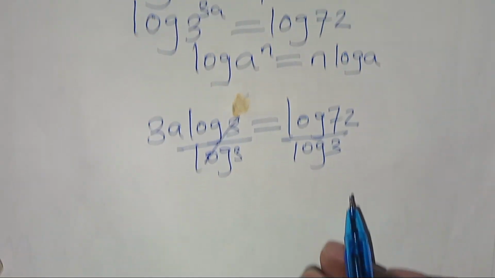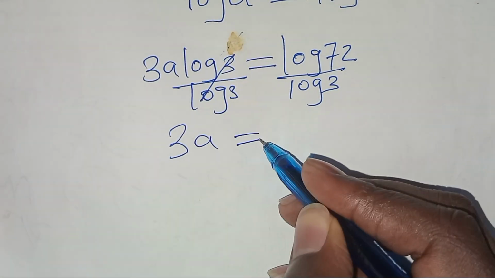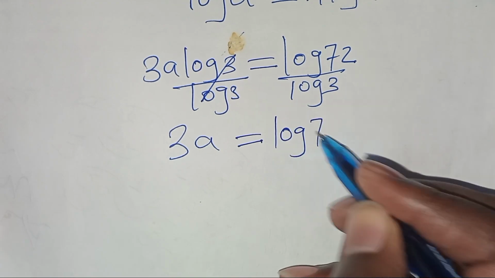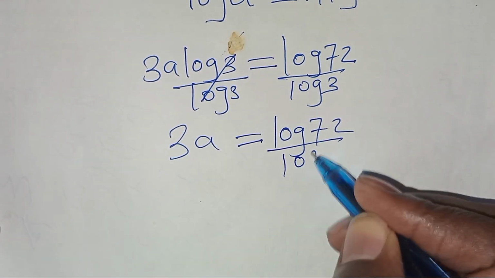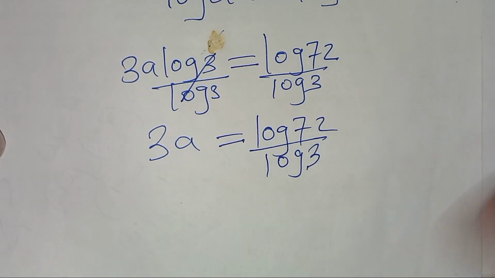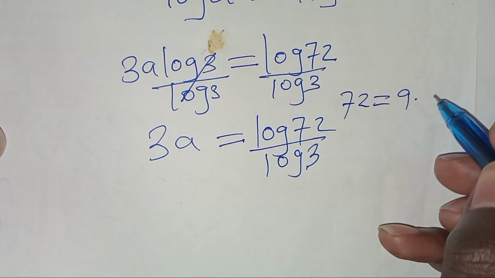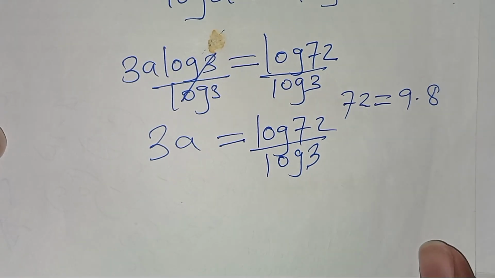So we divide both sides by log 3. Let's simplify here, so that now we'll have 3a equal to log 72 divided by log 3. Now, we can express 72 as 9 multiplied by 8.